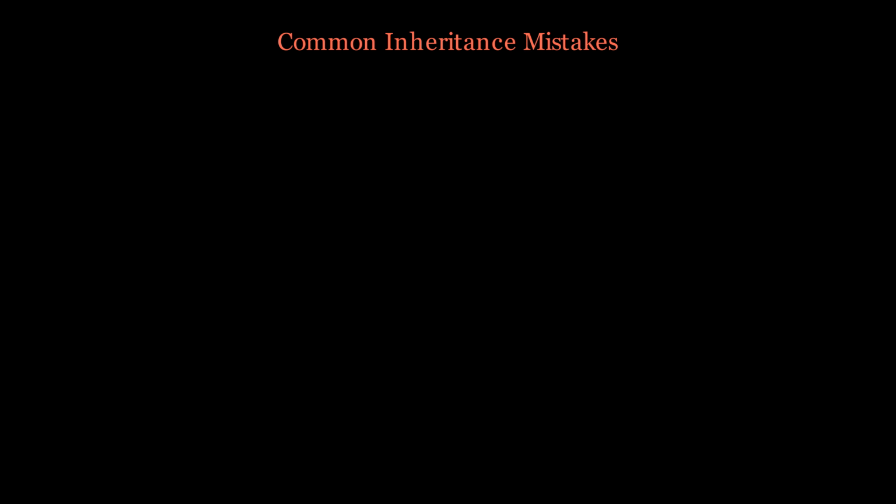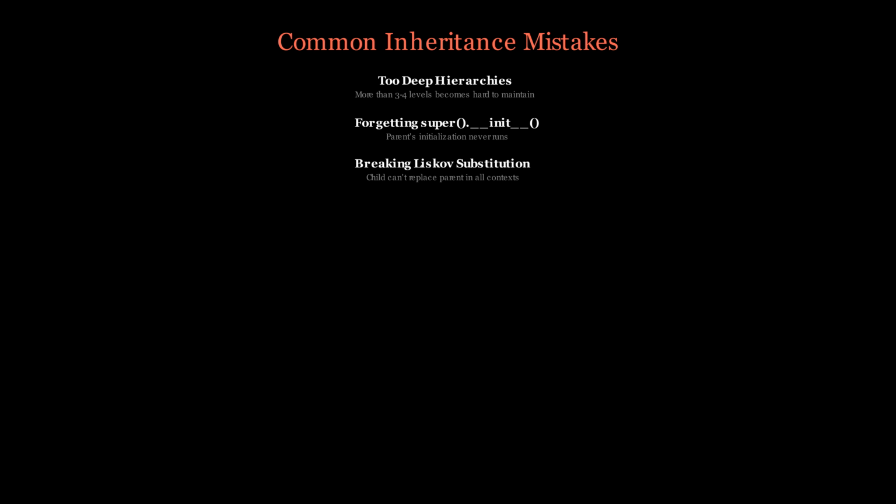Let's examine common mistakes developers make with inheritance. Avoiding these pitfalls will make your code more robust and maintainable. Avoid hierarchies deeper than 3 or 4 levels. They become hard to understand and maintain. Always call super().__init__ or parent initialization won't run.